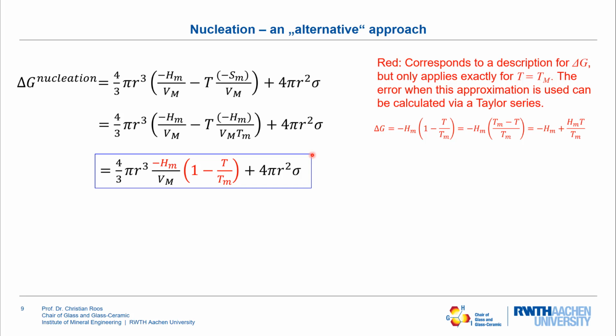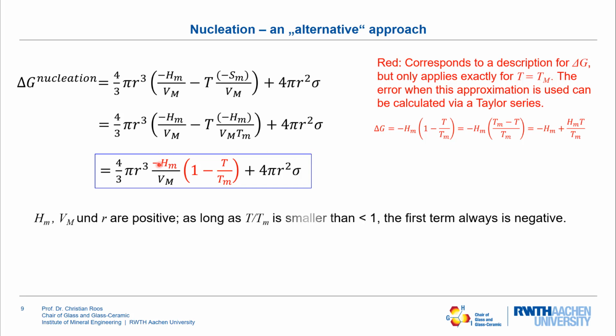So now the question certainly is, what was the purpose of this whole mathematical game that we did? Well, let's look at this equation. The melting enthalpy, the molar volume, and the radius of the nucleation are certainly always positive values. There is no chance that you get a negative melting enthalpy, no chance that you get a negative molar volume, and no chance that you get a negative radius.